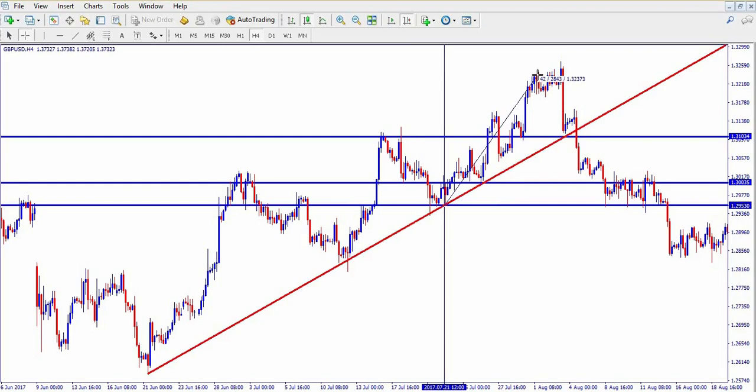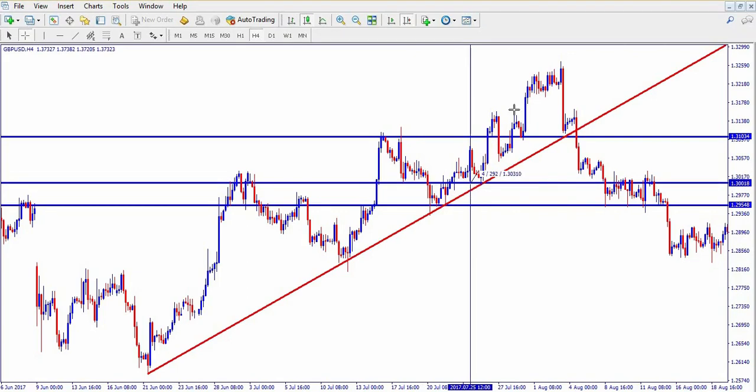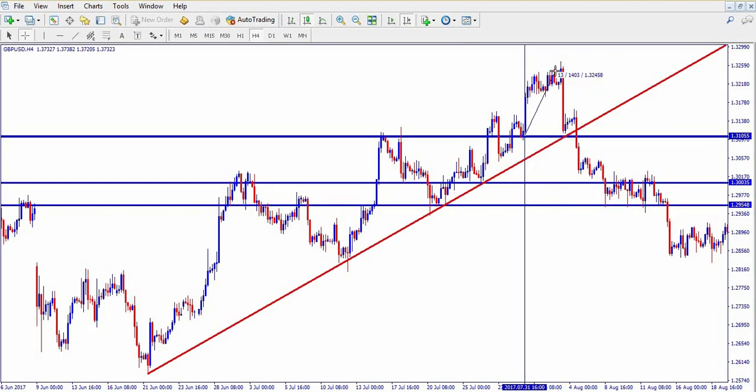So let's say you took this trade here and you closed just somewhere around here. That's 284 pips. Then the second one here, you closed here, 231 pips. The third one we took here and you closed here, 144 pips. So you see how much you would have made if you paid attention to the support and the trend line.